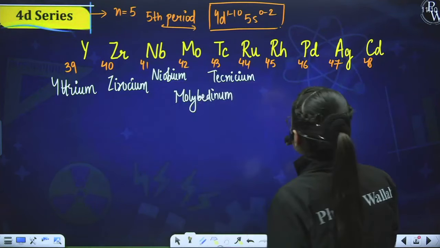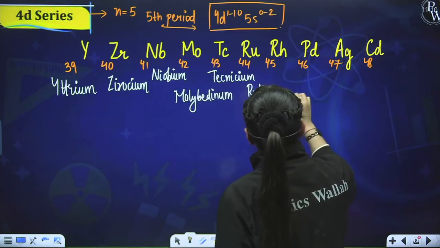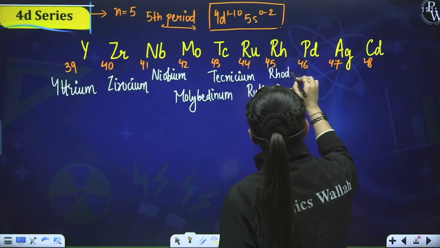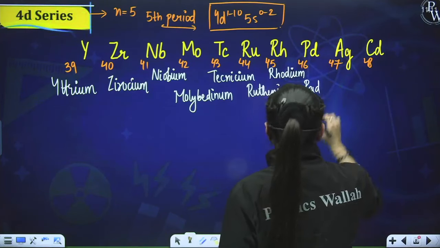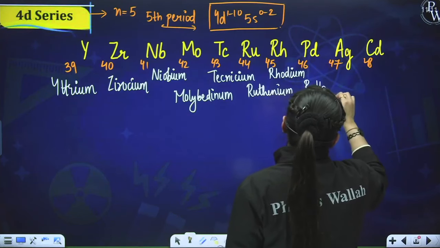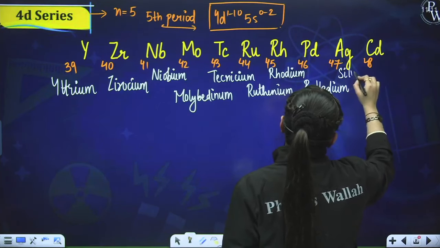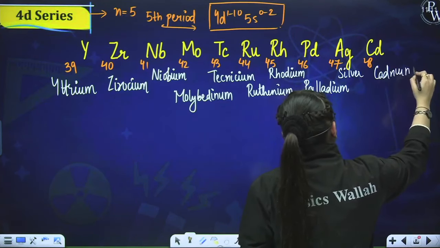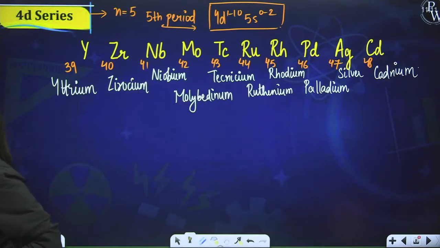From Ru, ruthenium. From Rh, rhodium. From Pd, palladium. From Ag, it's silver. And from Cd, it's cadmium. Kindly write out all of these.